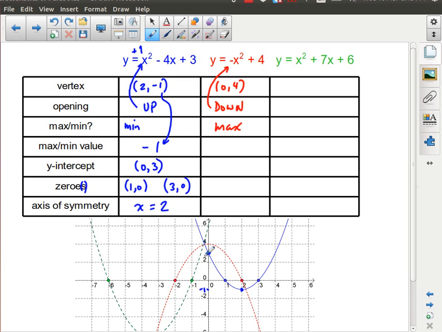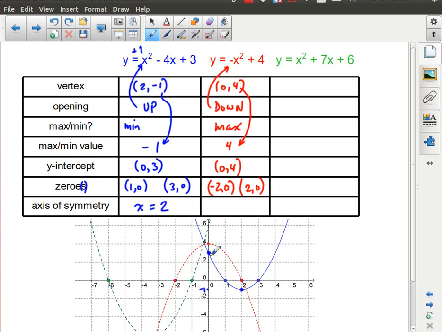The maximum value is 4. We got that from the y coordinate of the vertex. The y-intercept crosses the y-axis at the vertex, so that turns out to be the same point, 0, 4. The zeros themselves, x equals -2, so that's -2, 0, and +2, 0.